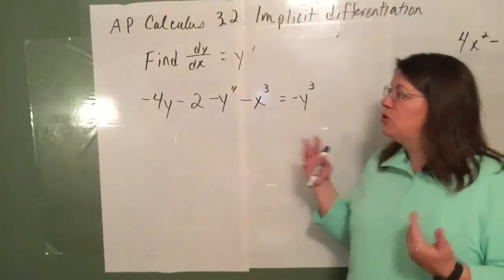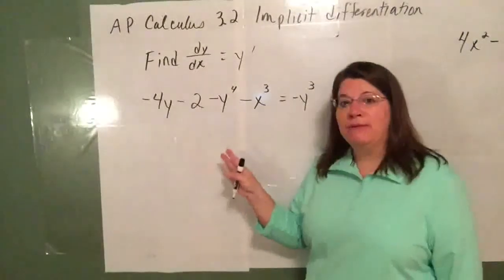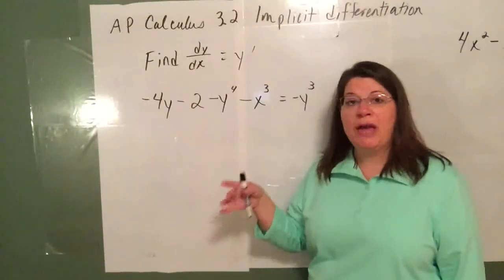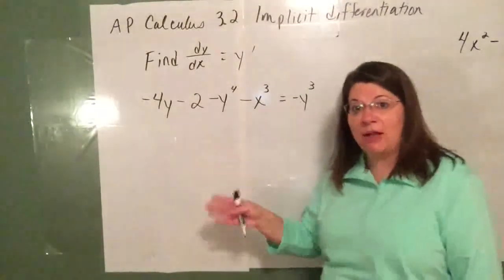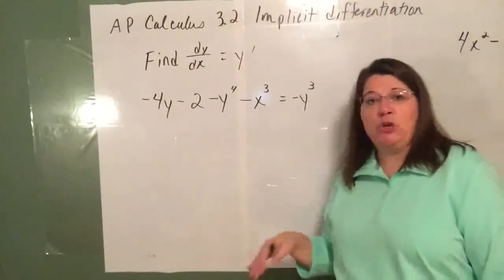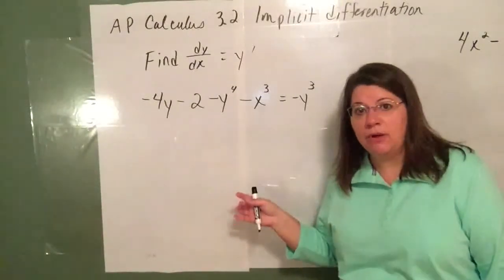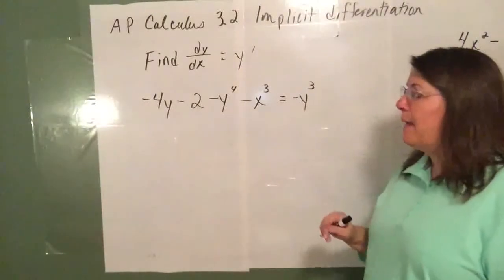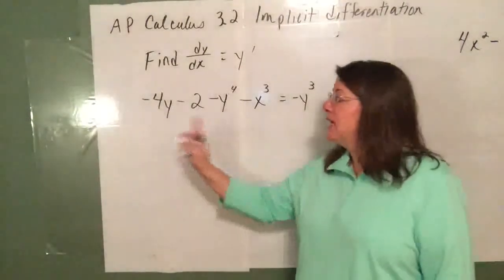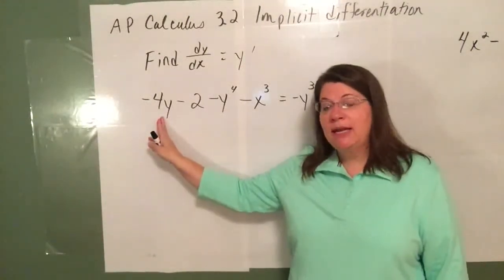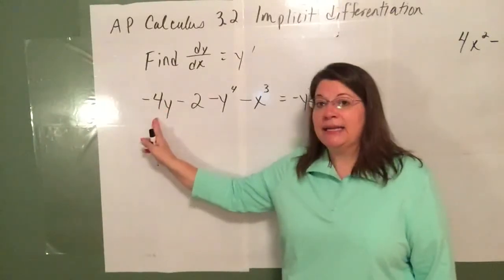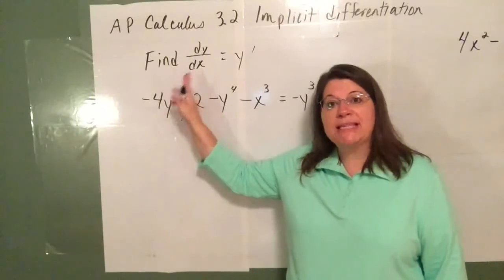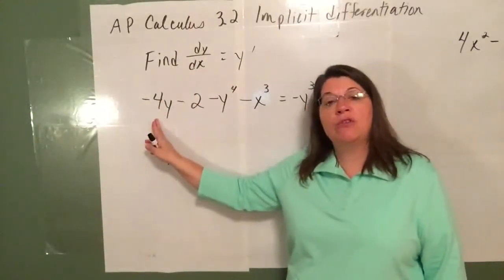And when you do that, you're going to find the derivative of each term separately, just like you do when you have a polynomial with all x's, like y equals 3x cubed plus 4x squared minus 2. You're going to take the derivative of each term separately, but the difference is, anytime you have a term that has a y in it, you're going to tag the dy over dx beside that term so that we know that there was a y there.